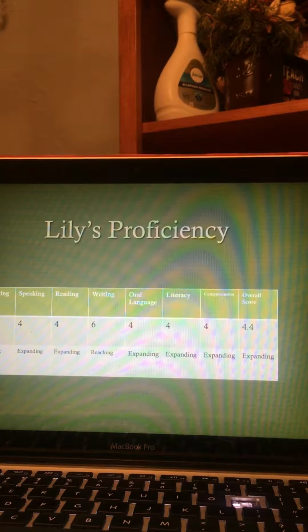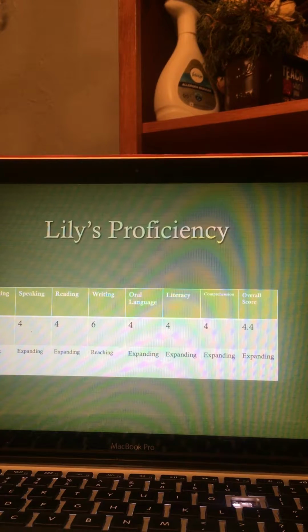Here's Lily's proficiency. This is my adaptation of her proficiency chart. For the most part, she is in between. She's mostly expanding. She ranges from bridging to all the way up into reaching. So for listening, she is a level 5.